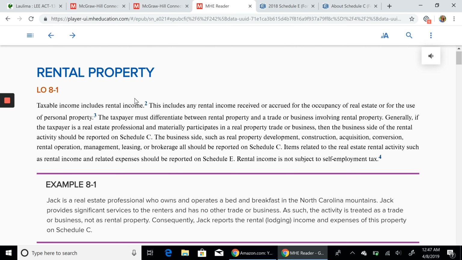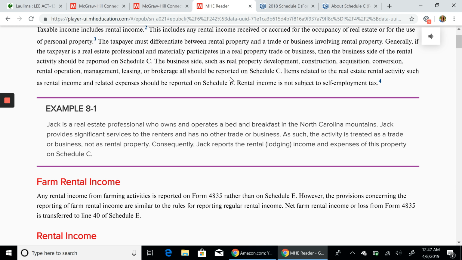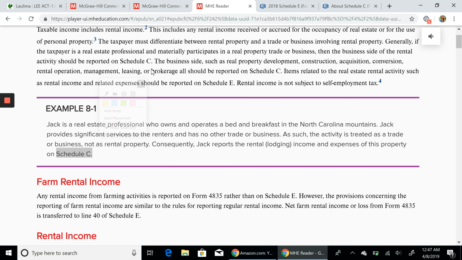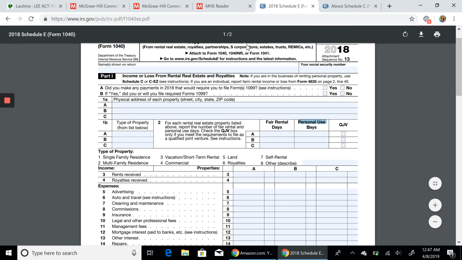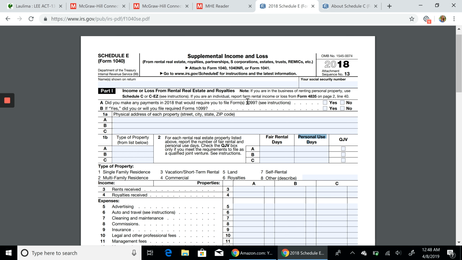So let's see. This was the section I just read through. One thing I wanted to tell you, especially for my individual tax class, Schedule C is very similar to Schedule E, but the difference is that Schedule C is for self-employed businesses.